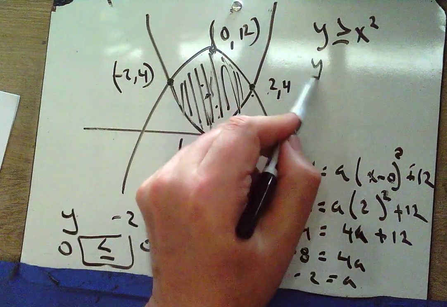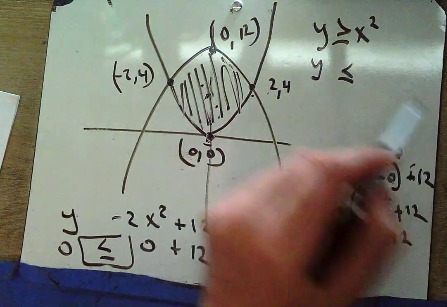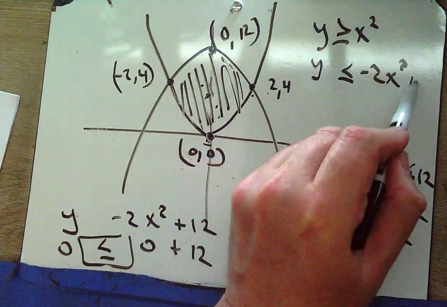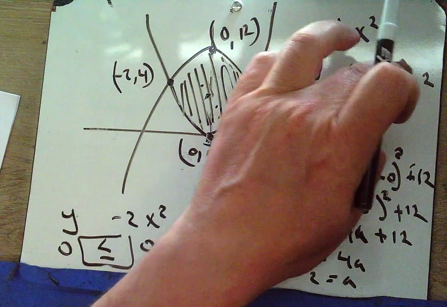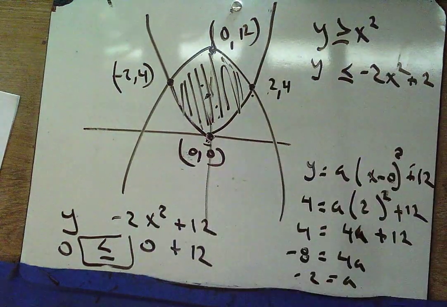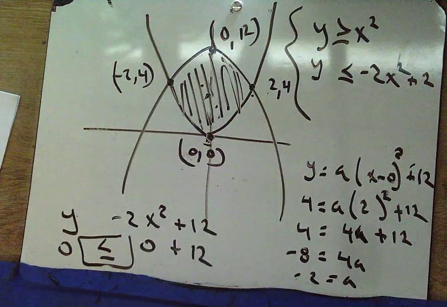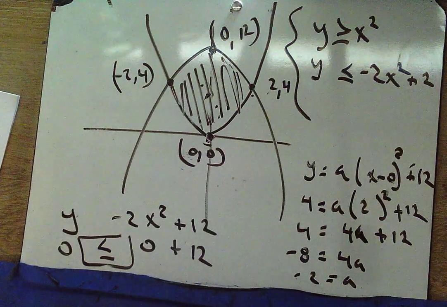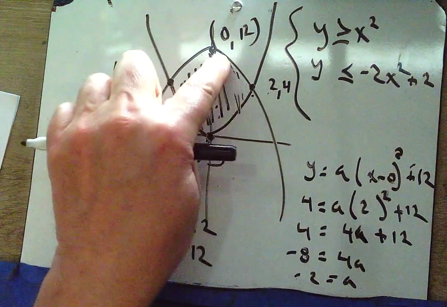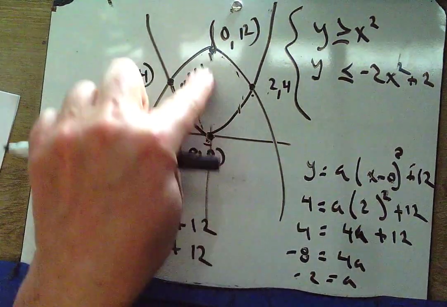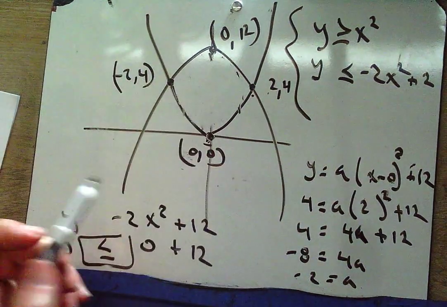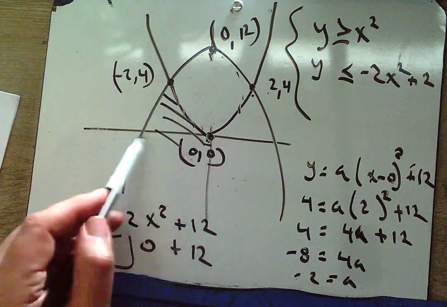So now I've got y less than or equal to negative 2x squared plus 12. Oh, not cubed, 12. All right, there's our system of inequalities for this situation. Now, let's change the shading and see what that does. Let's make the shading be here.